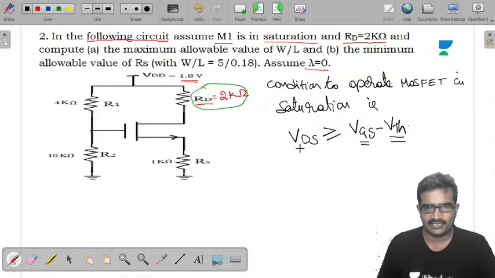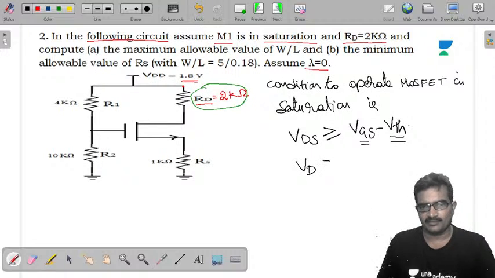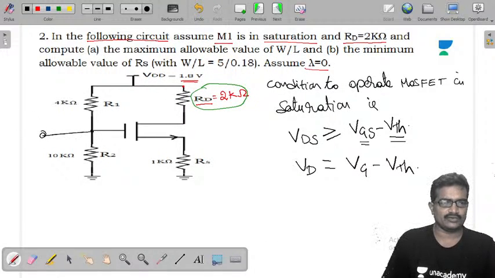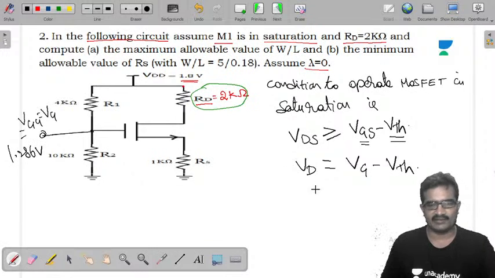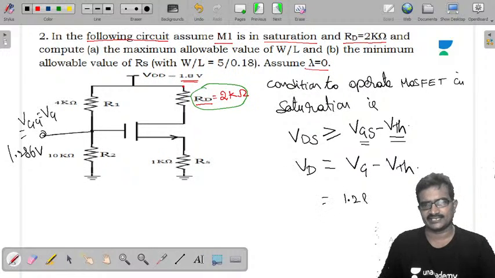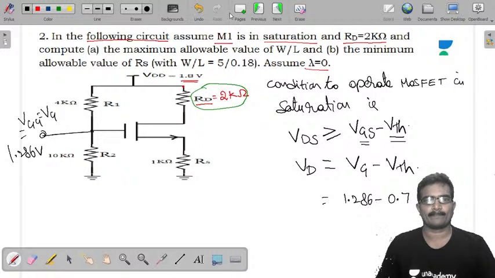There is a possibility: voltage at drain greater than VGS minus VTH. Now in saturation, the basic condition is VD is greater than VG minus VTH. And already we calculated the voltage at gate, VG is equal to 1.286.